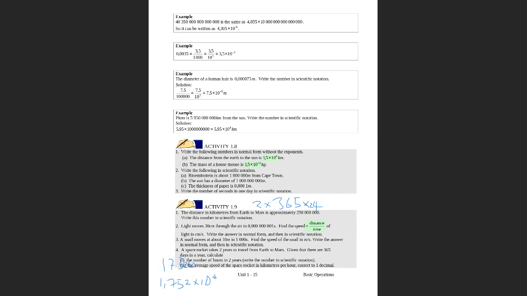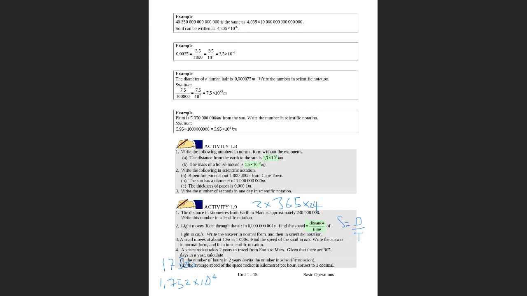Now, the next one is the average speed of a space rocket in kilometers per hour, correct to 1 decimal place. So we know that our speed is distance over time.